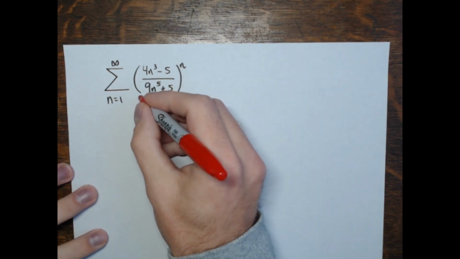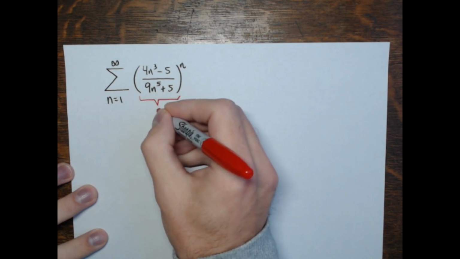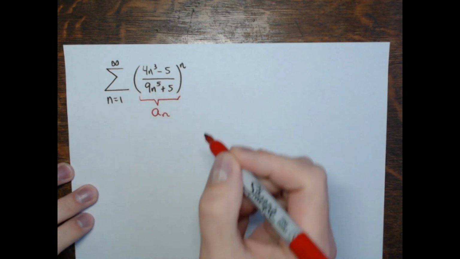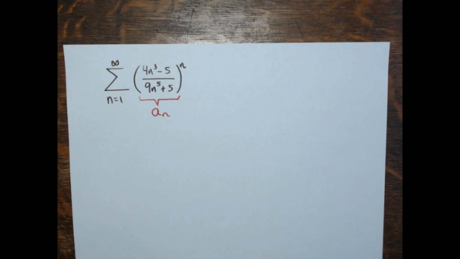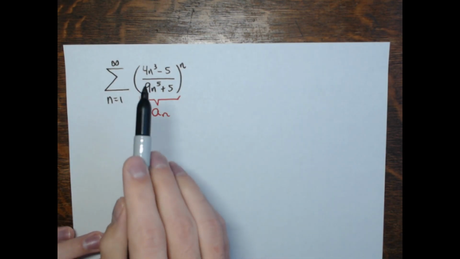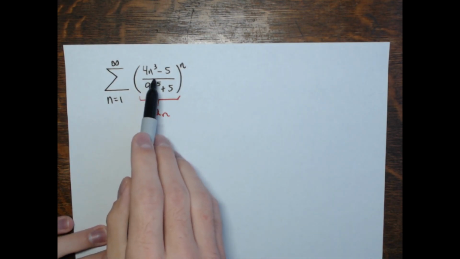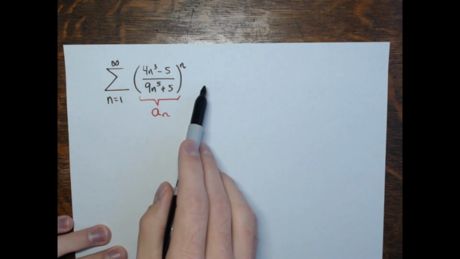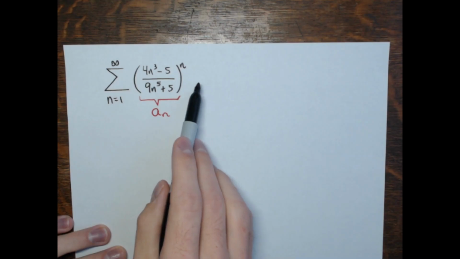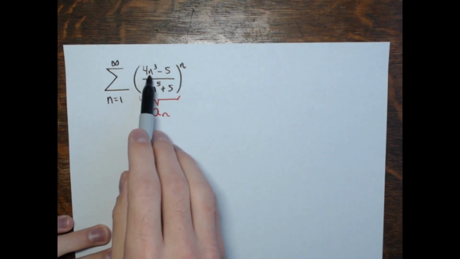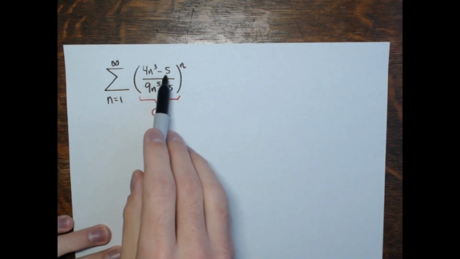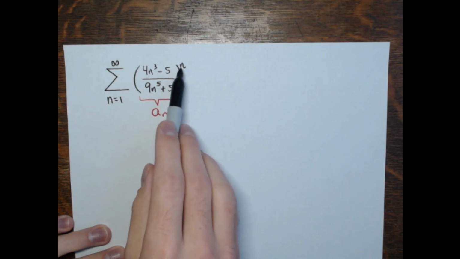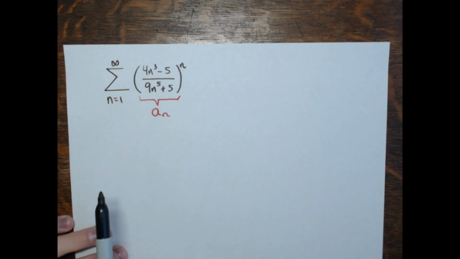So this is my a sub n. Now here, because of this minus 5, not all the terms would be positive. When n equals 1, you'd have negative 1 up top, 14 down here to the first, so negative 1/14 will be the first term.